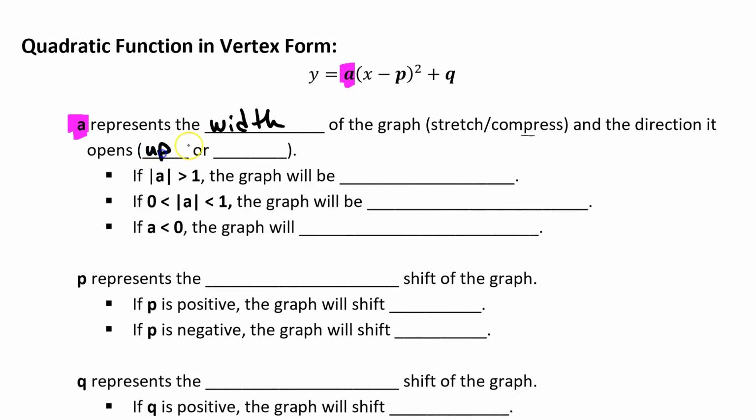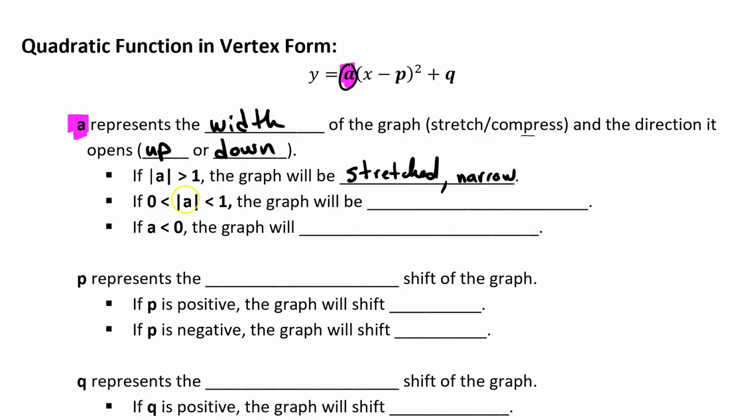either up or down. So if the absolute value of A, the coefficient that's out here, so if you take into consideration just the A part, not the sign on it, the negative or the positive, just keeping it as a positive, the graph will be stretched or more narrow.